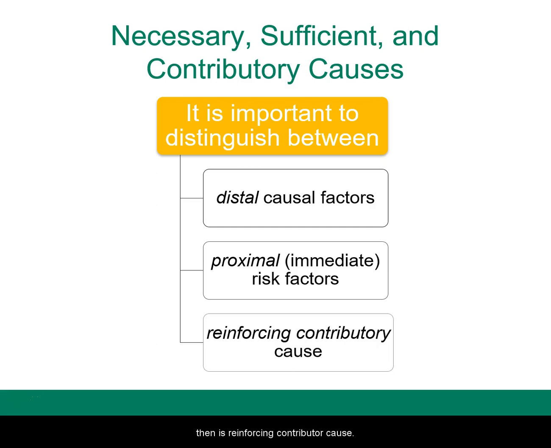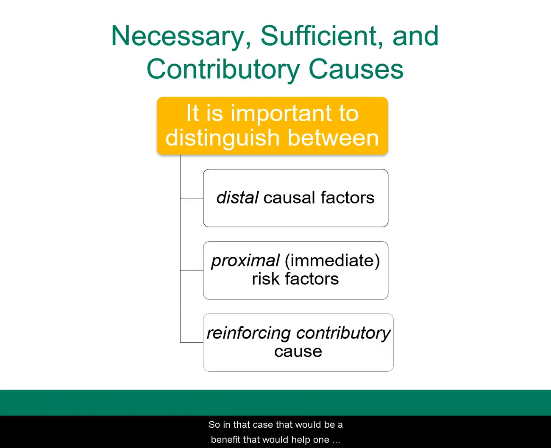And then there's reinforcing contributory cause, behavior that is already occurring. An example of this could be extra attention, sympathy, and relief from unwanted responsibility that may come when a person is ill.